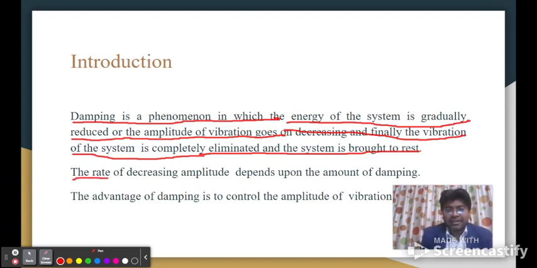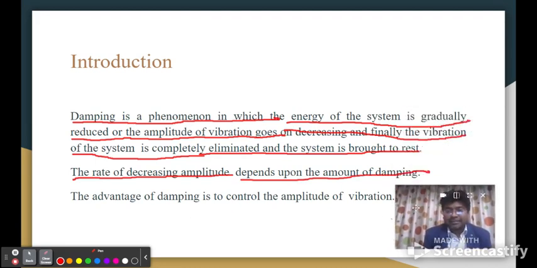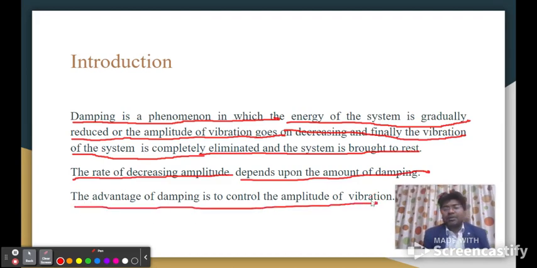The next line says the rate of decreasing the amplitude depends upon the amount of damping. If the damping is more, the rate of decreasing the amplitude will be more. The advantage of damping is to control the amplitude of vibration. As we have discussed in the previous lecture, vibration has a negative impact on our structure. If the vibration amplitude is reduced, our structure is able to bear it.